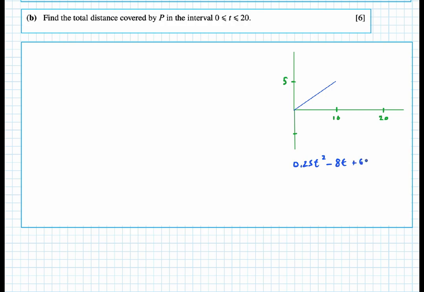So our second equation is a quadratic. I'm going to use the quadratic formula to see if we have any points where it passes the x-axis. And from there, we'll get 12 and 20. 20 is perhaps obvious.